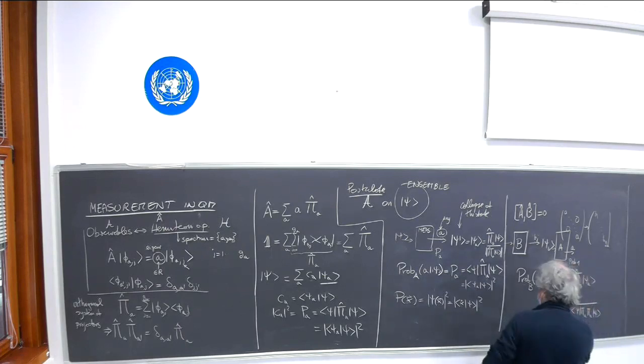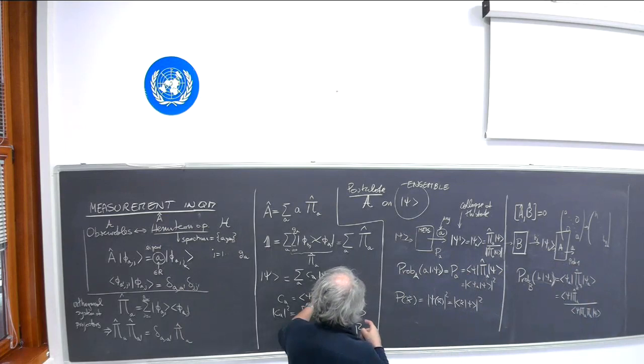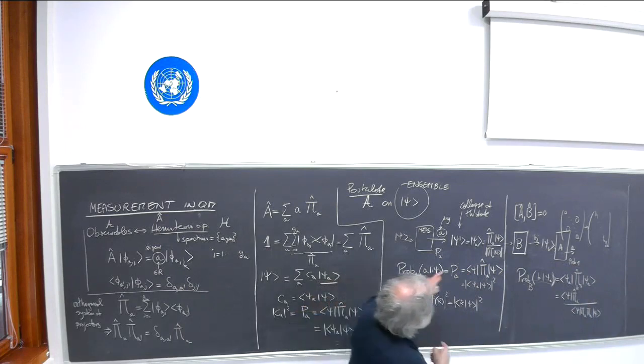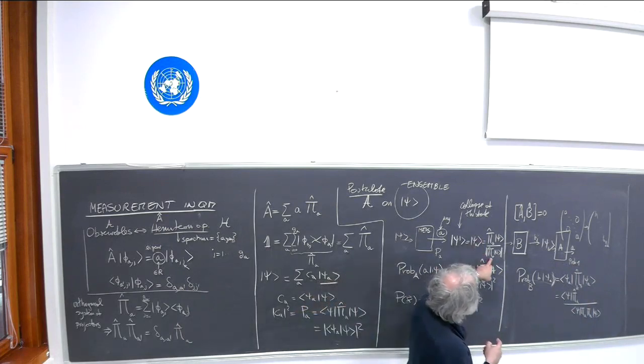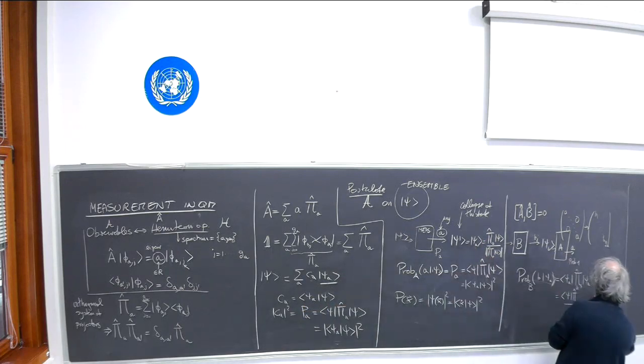Remember that this object here, psi A, was this divided by this. So I'm putting it here on the left, I put it on the right, and here I have projector B in the middle.